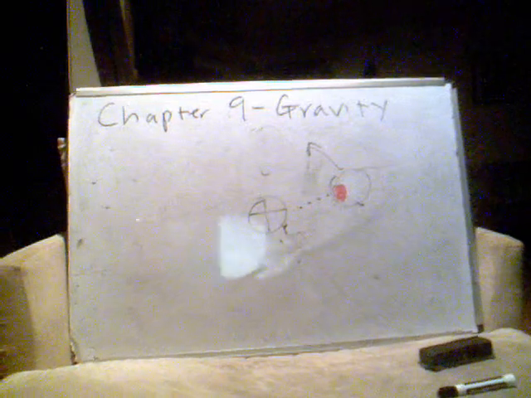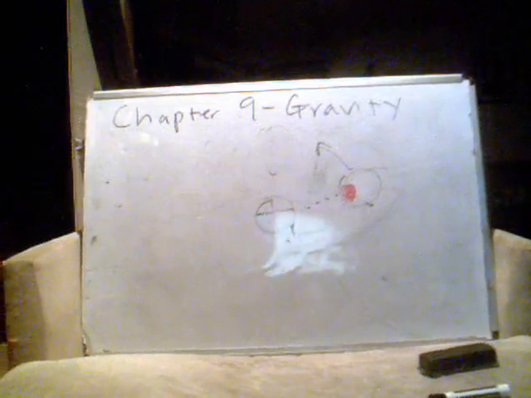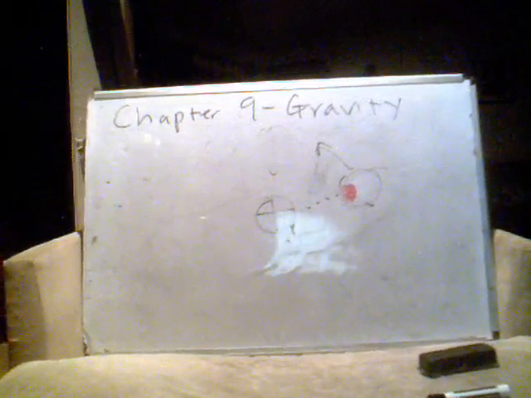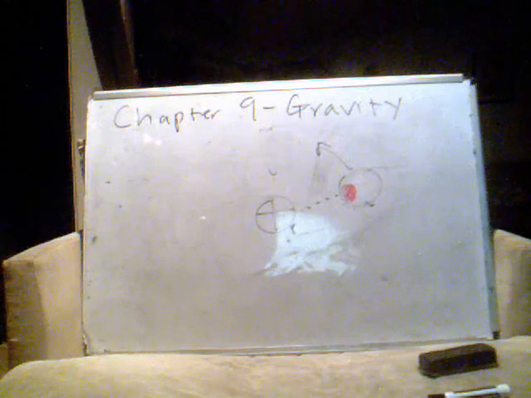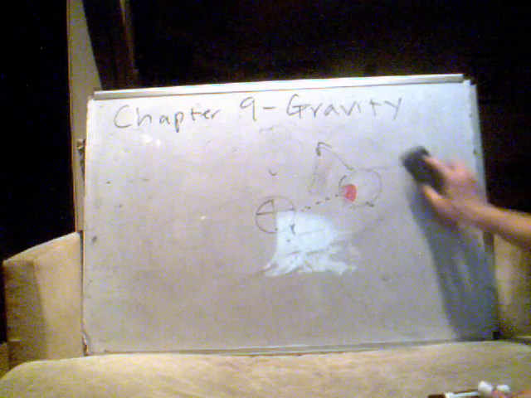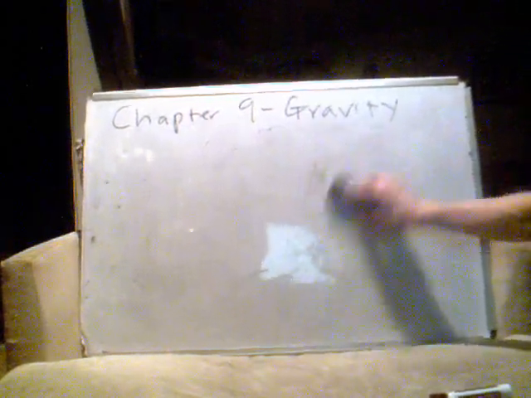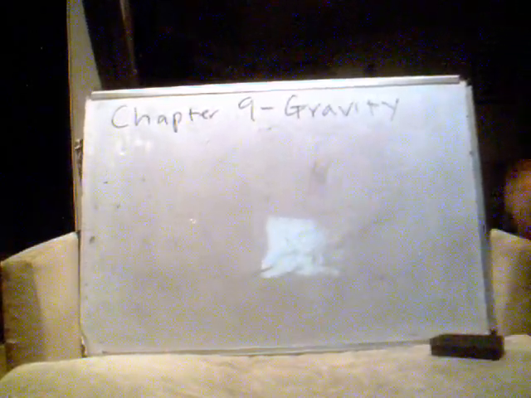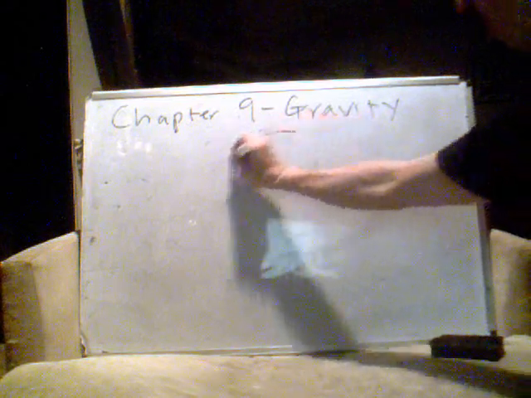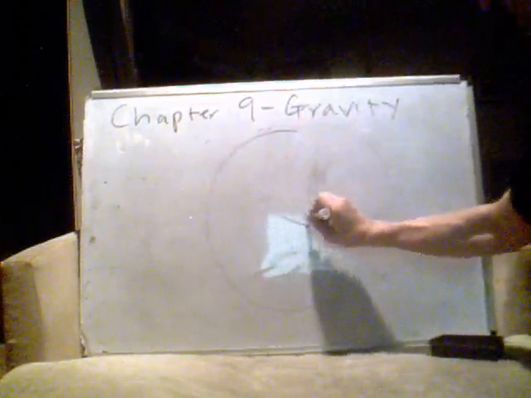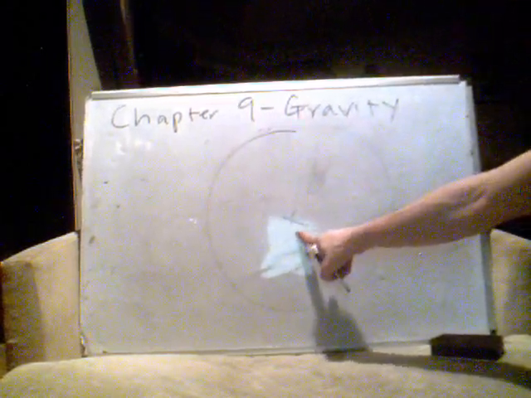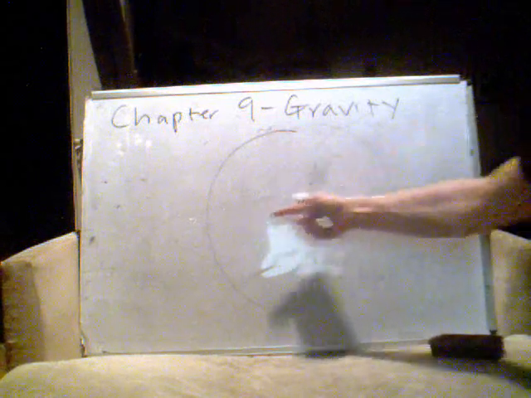Now, if we want to think about the amount of gravity that you would experience below the surface of a planet, and therefore the strength of a gravitational field, first you have to imagine what gravity would be like at the center. So let's talk about if you were down here at the center of the Earth. If you're in the center, there's going to be some mass this way, some mass that way.